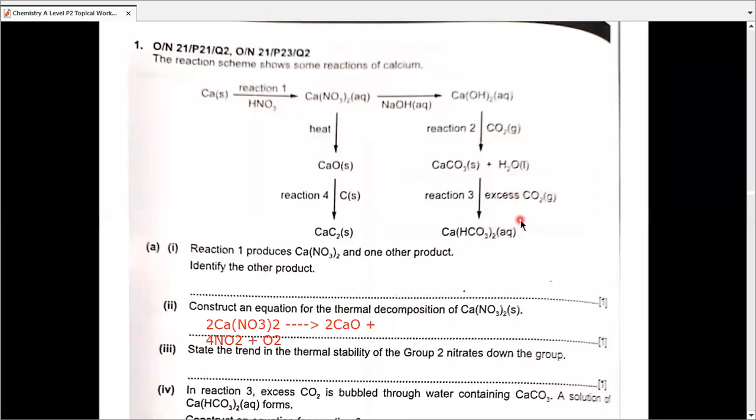All right, let's see. So 2 moles of calcium nitrate gives us 2CaO plus 4NO2 plus O2. Yeah, perfect. Go ahead.